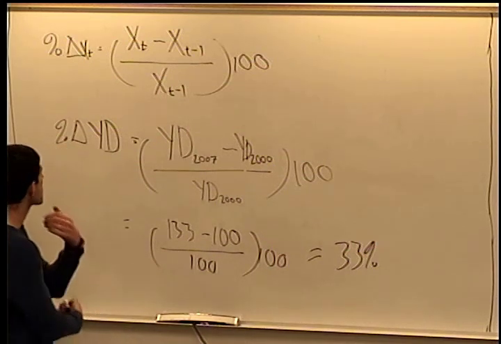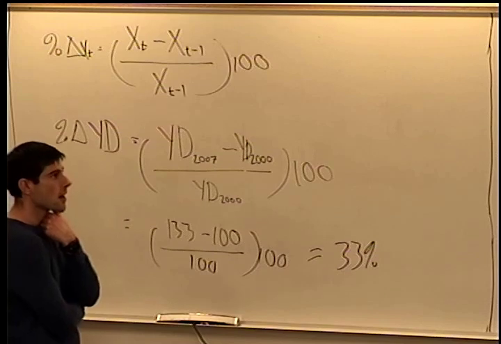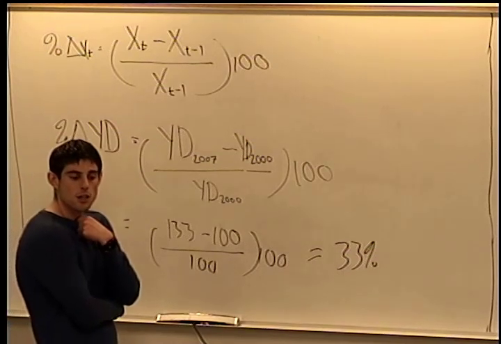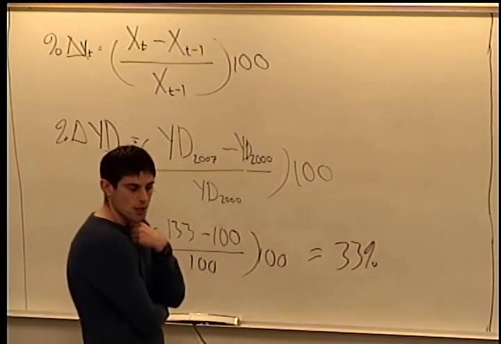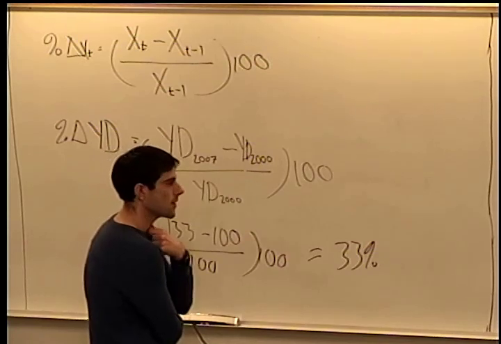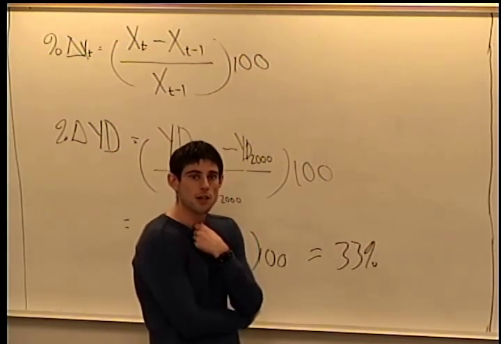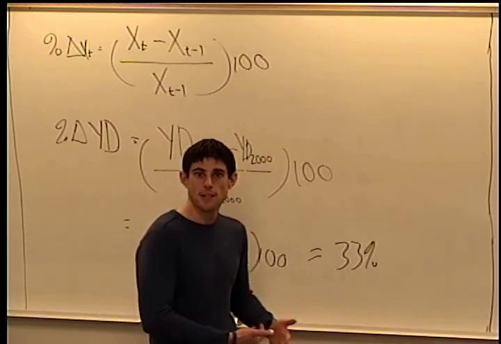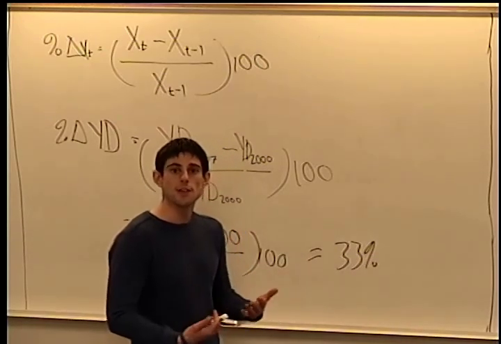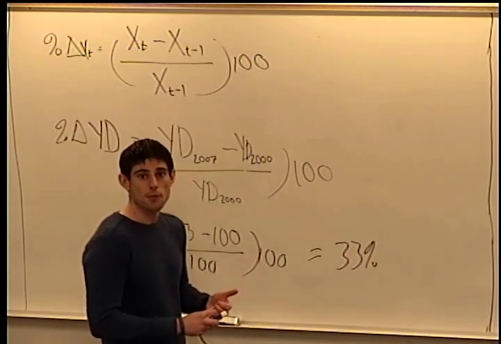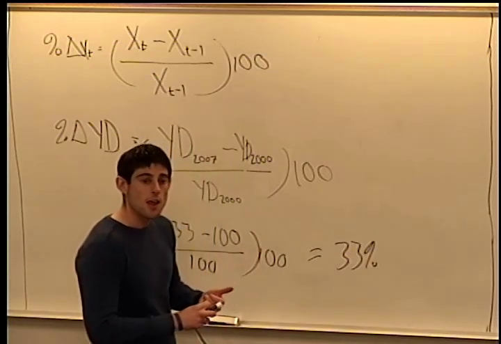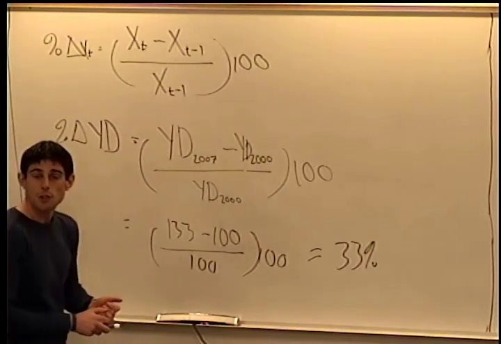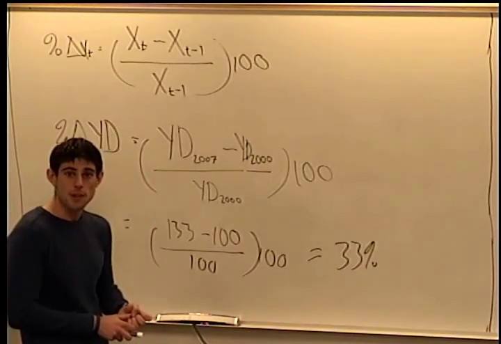Okay. The last thing that we should notice is in the base year, if we're using base year, nominal GDP is equal to real GDP. And that's because prices in the base year are equal to current prices in that year. So in the base year, real GDP equals nominal GDP. Therefore, the GDP deflator will always equal 100 in the base year.